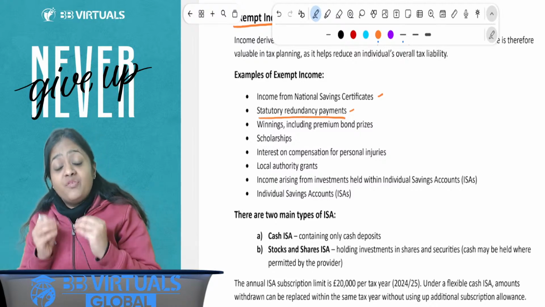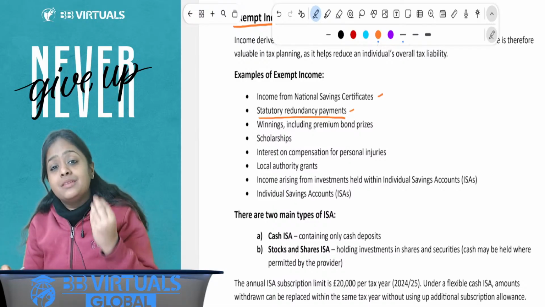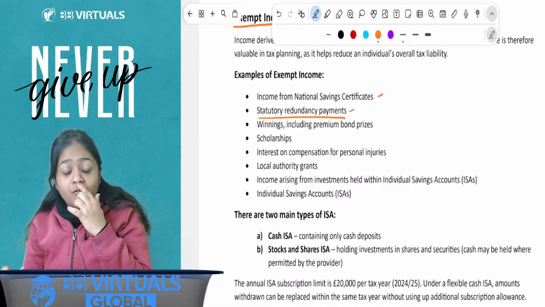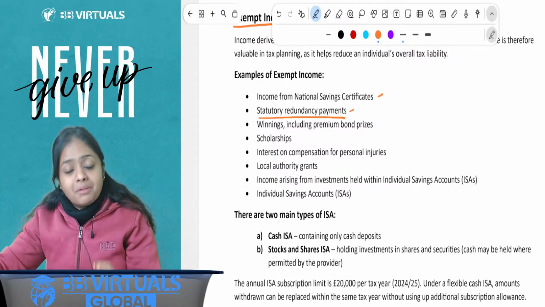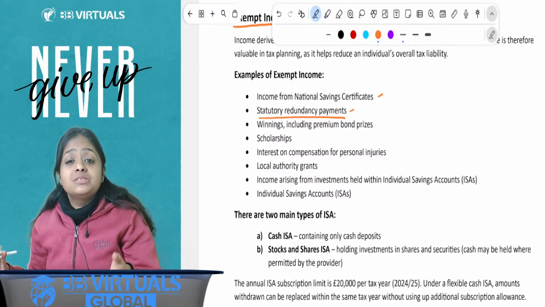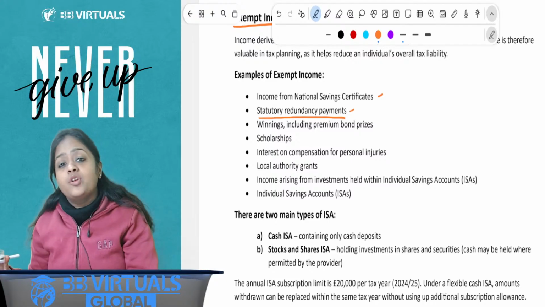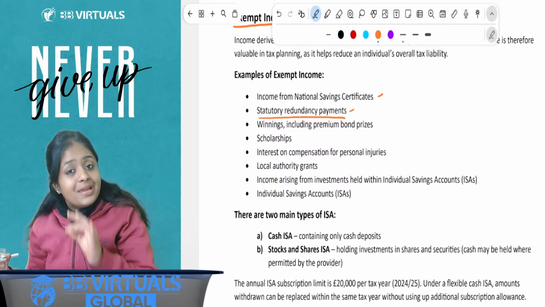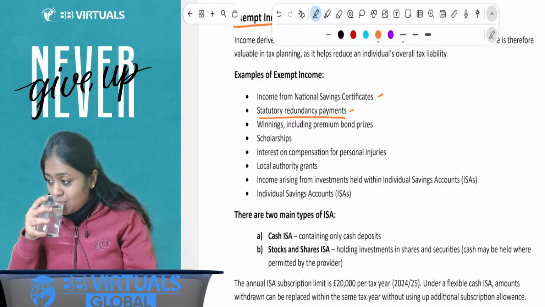Because they have been fired from the job, now they are jobless. So you need to pay them a basic amount, an amount which is fixed by the government. Of course, employers will pay more than this, but this is the minimum amount that needs to be paid. So any employee who is receiving the statutory redundancy payment will not be required to pay taxes on it. It will be exempt because of course it is given to meet their hardship.